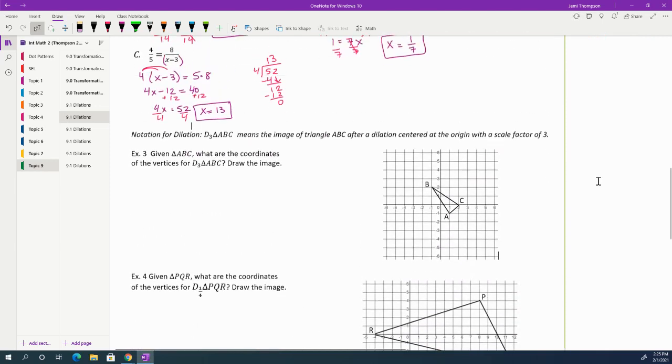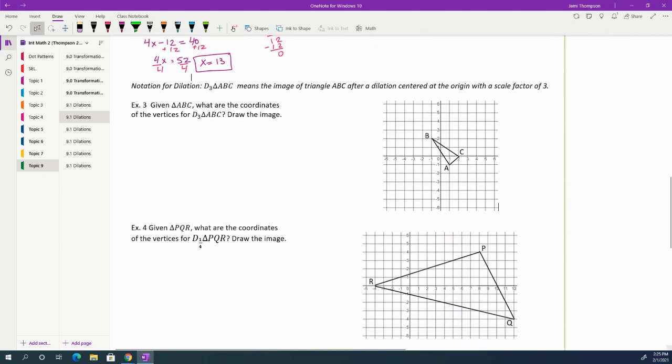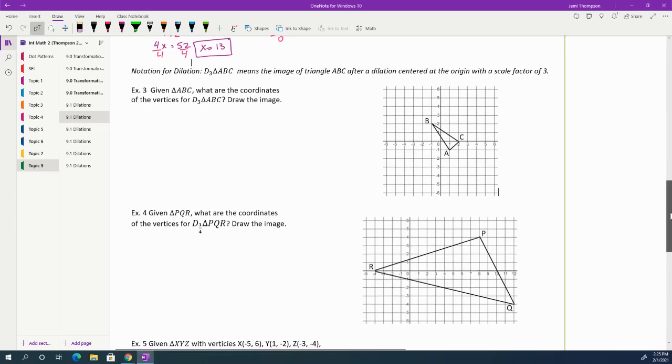All right, next type of problem. Notation for dilation. D subscript 3 of triangle ABC means the image of the triangle ABC after a dilation centered at the origin with a scale factor of 3.